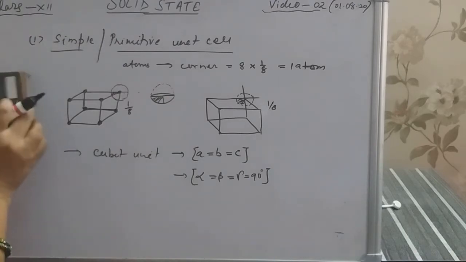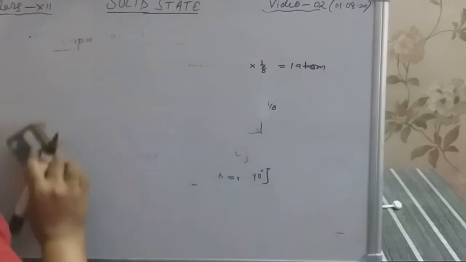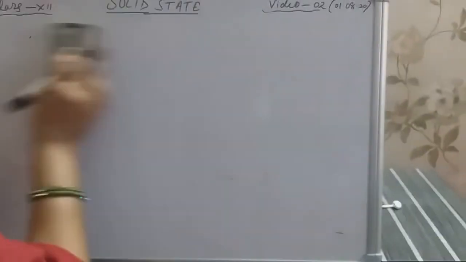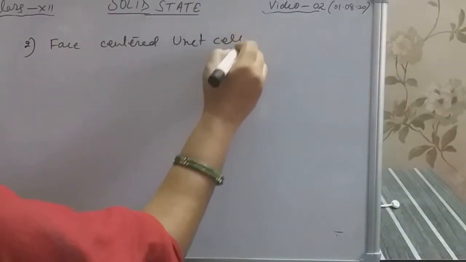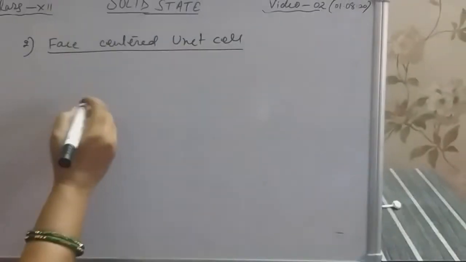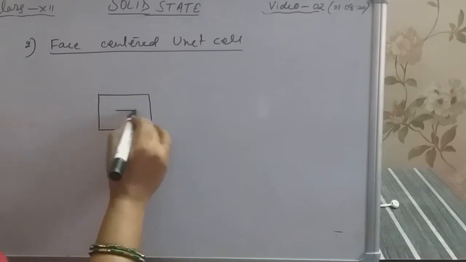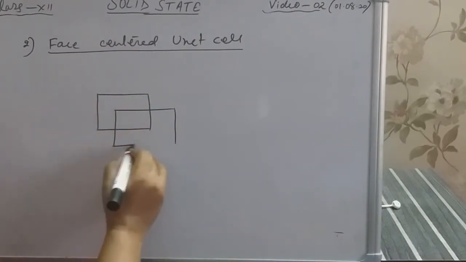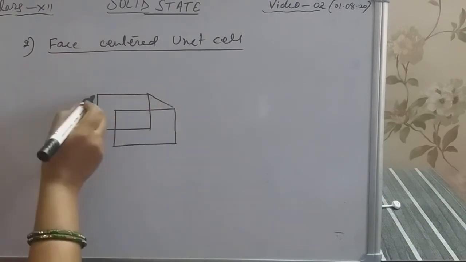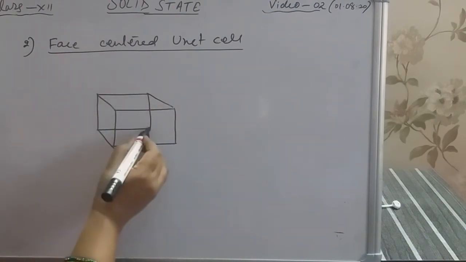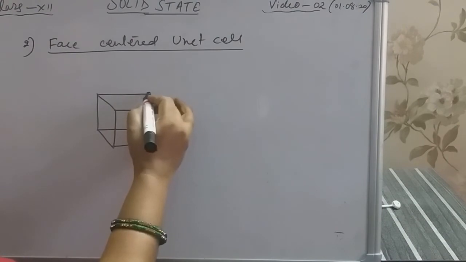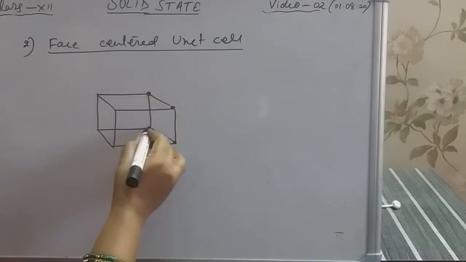Next one is the face centered unit cell. At first draw the unit cell, and 8 corners.